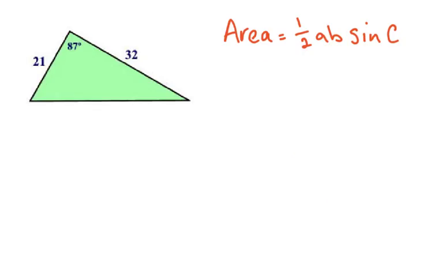So now looking at this example to help us find the area of this triangle, the first step is that we actually need to label our angles. Now notice I'm going to be labelling that angle C. The reason I'm labelling that angle C is because that is where I've been given this angle of 87, and that's where we're going to use the sine C. So therefore this is going to be side c.